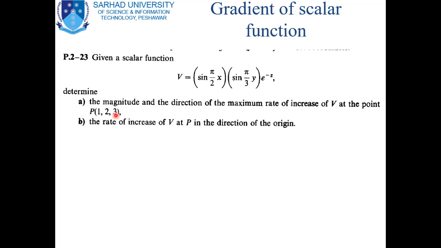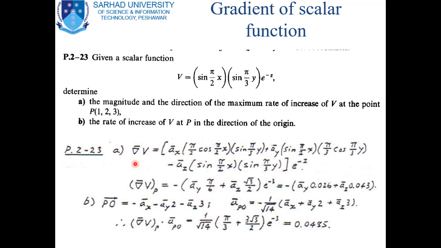In the second part, we have to calculate the rate of increase of v at P in the direction of the origin. So first we have to calculate the gradient of v, and we will operate del on v, and differentiate each term of v with respect to x, y, and z.